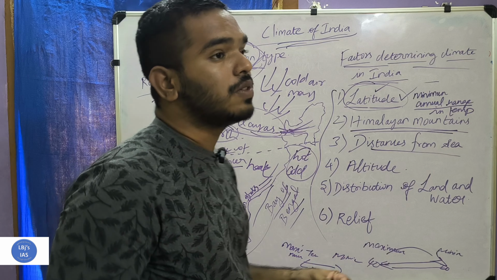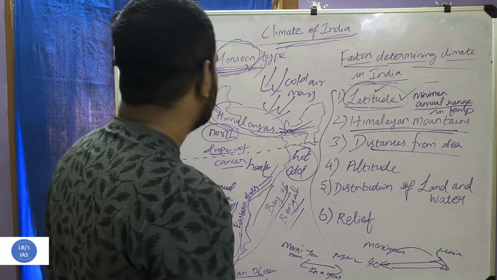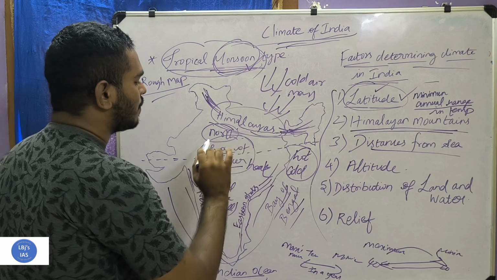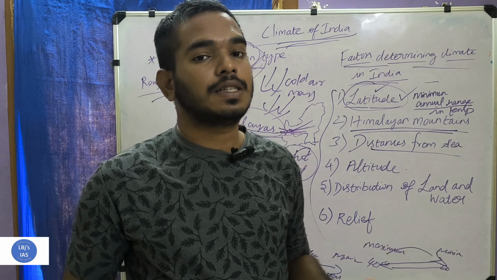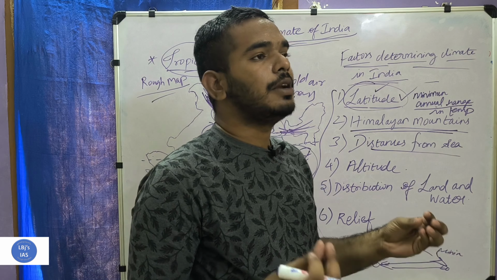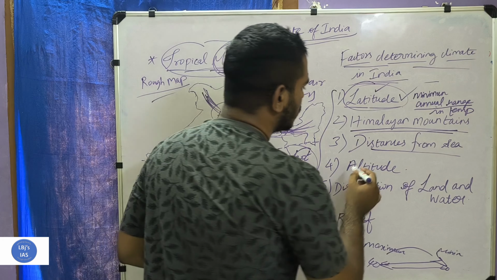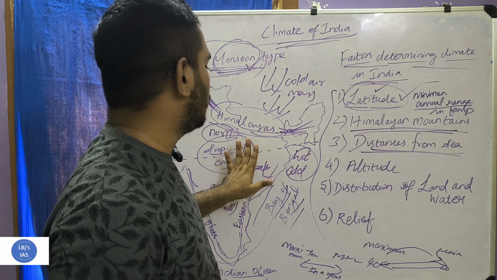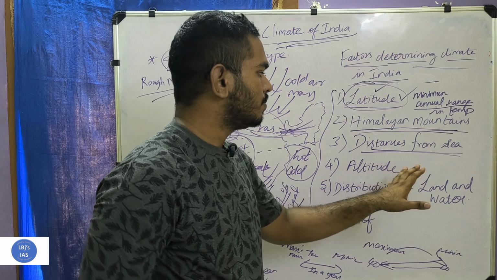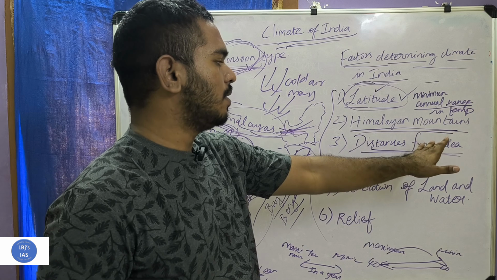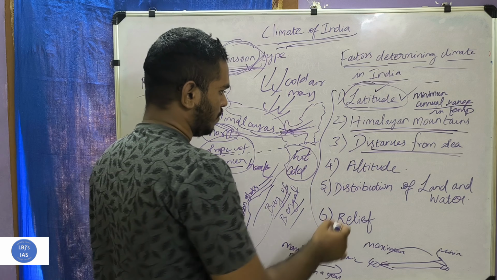The temperature is not very extreme; it is not very cold or very hot. But the inner regions which lie away from the sea will have extreme temperatures, either very cold or very hot. So the distance a place lies away from the sea decides the climatic condition.